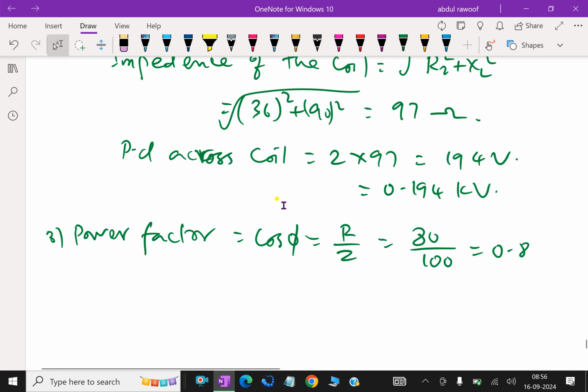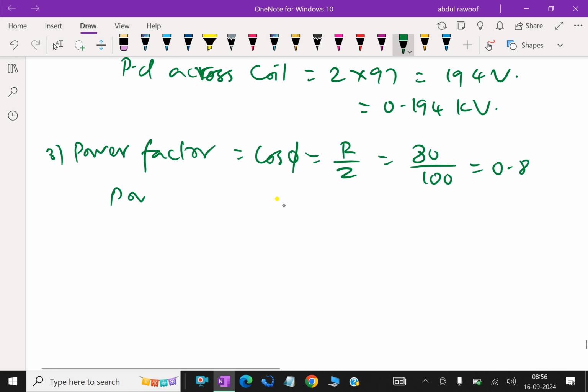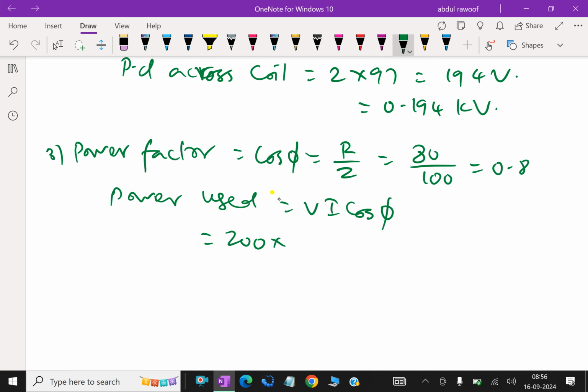Power factor is 0.8. Power used equals V I cos phi, where V is 200 volts, I is 2 amps, and cos phi is 0.8, which is equal to 320 watts, which is equal to 0.32 kilowatt.